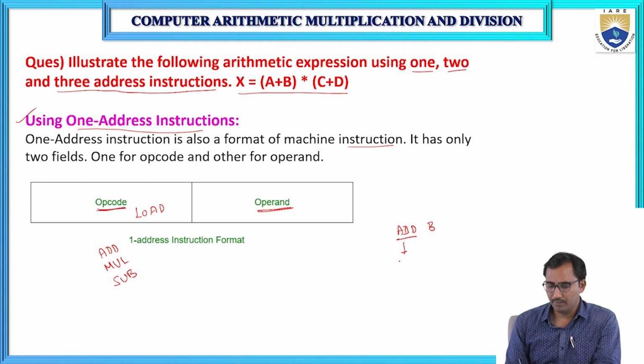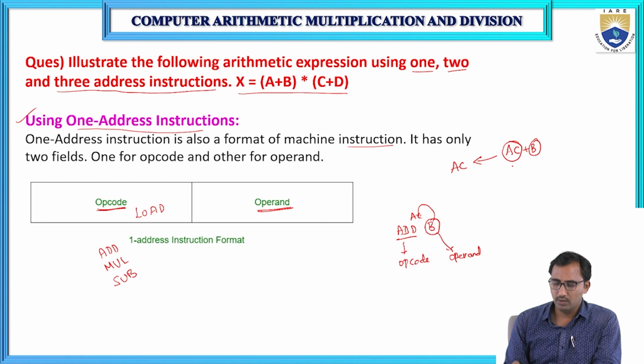So it is the opcode. What is this B? B is the operand. That means add B, the contents of B register are added with the accumulator. So that means accumulator plus B. The contents of B register are added with the contents of the accumulator and the result is automatically stored in the accumulator.